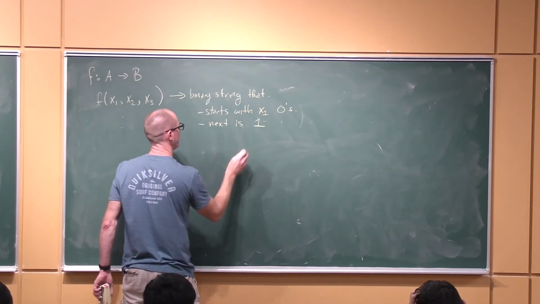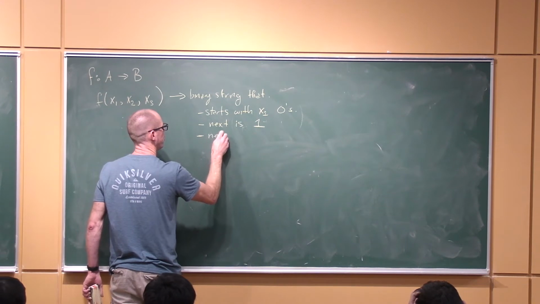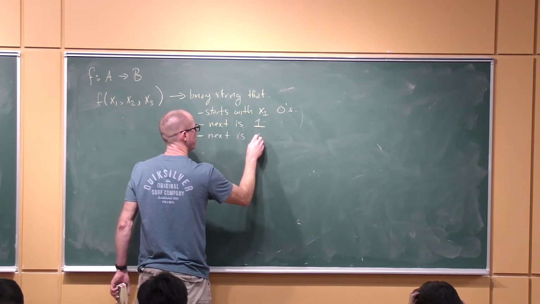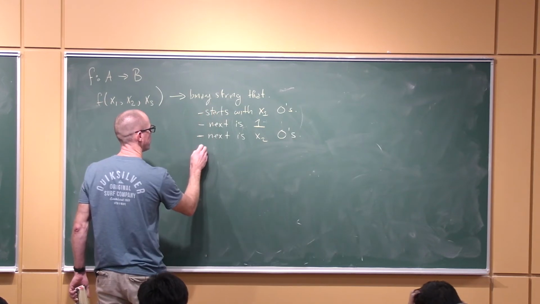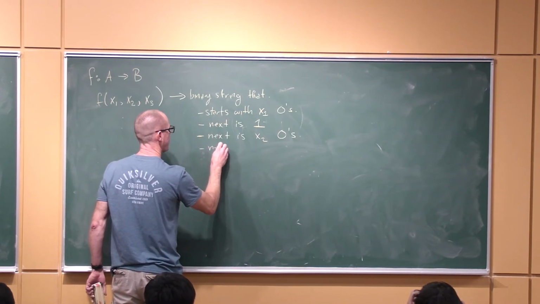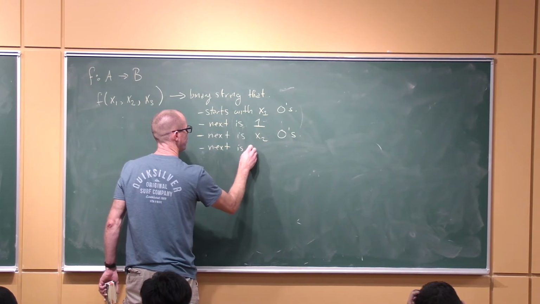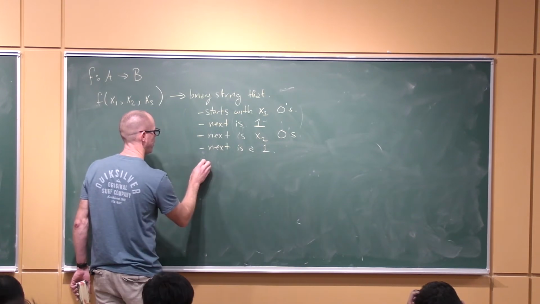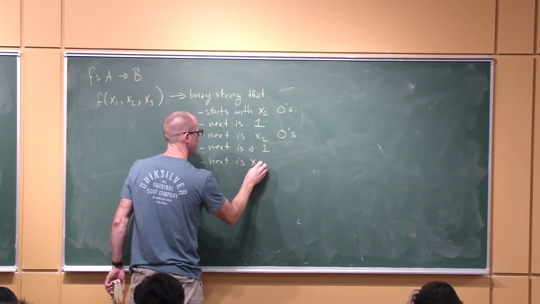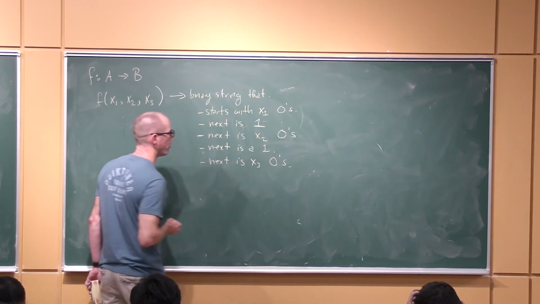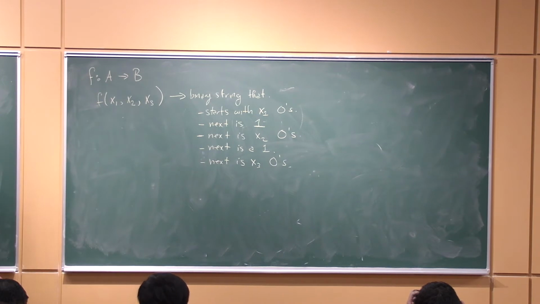Next is a 1. Next is x2 zeros. Next is a 1. And then next is x3 zeros. Okay?